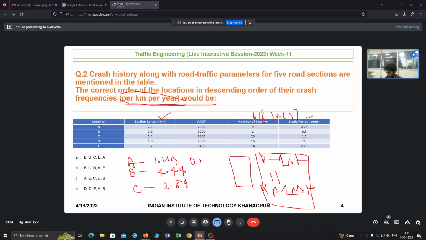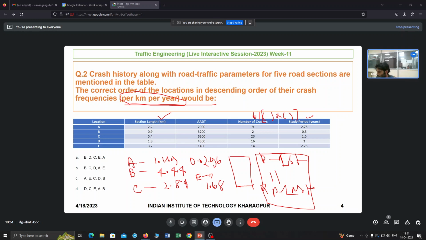So D is 16 divided by 3 into 2, which is 2.96. And the last one is 14 by 3.7 into 2, which is 1.6.